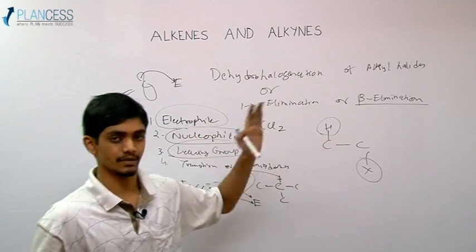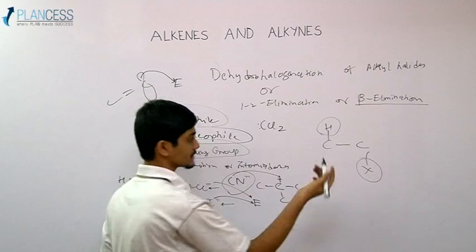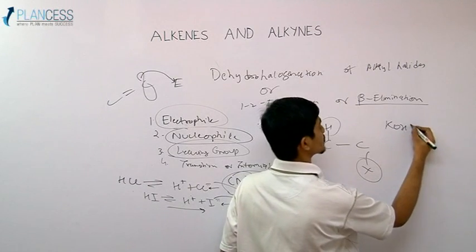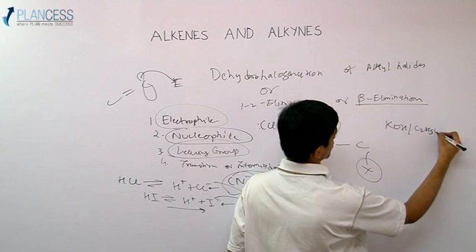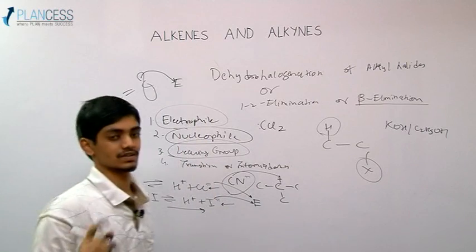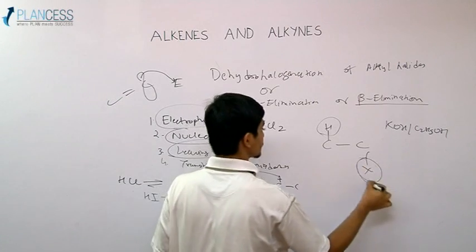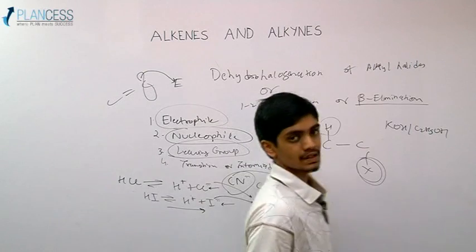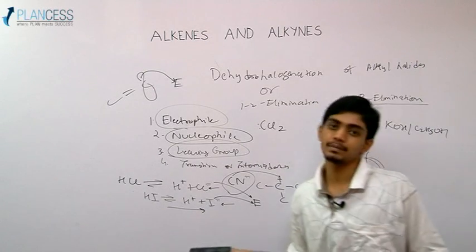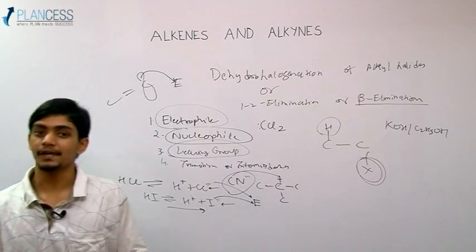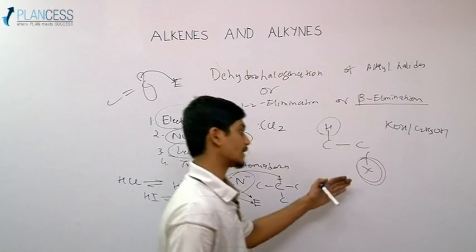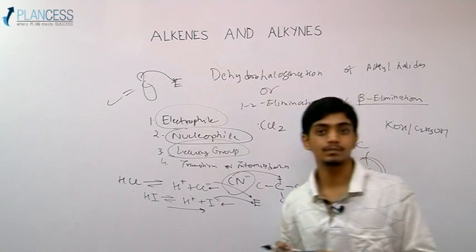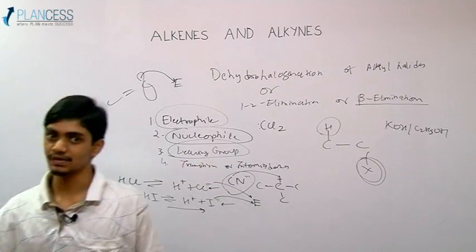This will be abstracted by a base, which will obviously be KOH and C2H5OH, as I have mentioned in the reagents. Now this X is actually the leaving group, or the halogen has to leave the system, and the better the leaving group is, the faster the reaction will occur. And that means it is a property which is related to basicity.